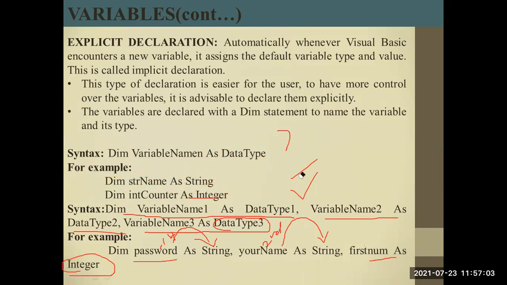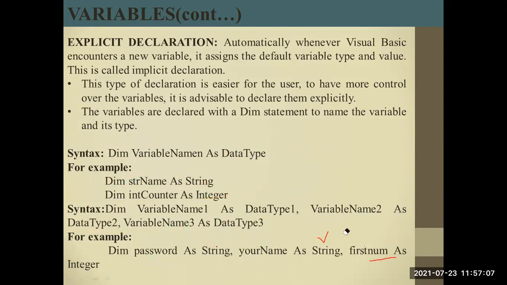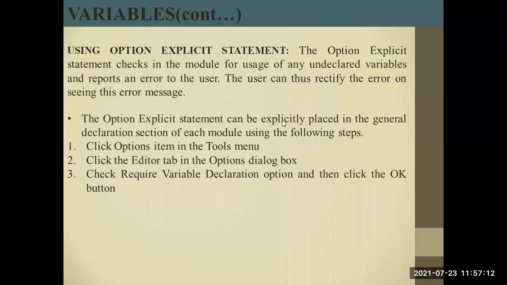So let's move on. Now, the second way of declaration is using the Option Explicit statement. The Option Explicit statement checks the module for the usage of any undeclared variable and reports an error to the user.